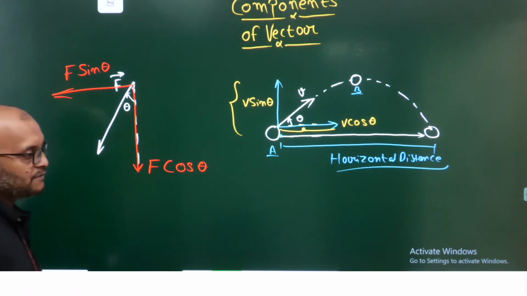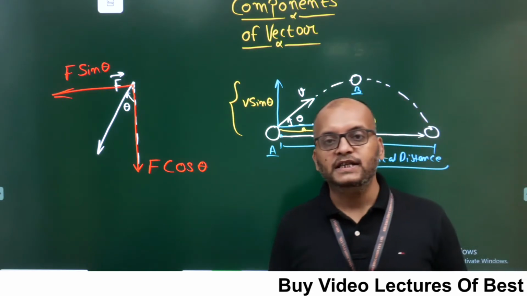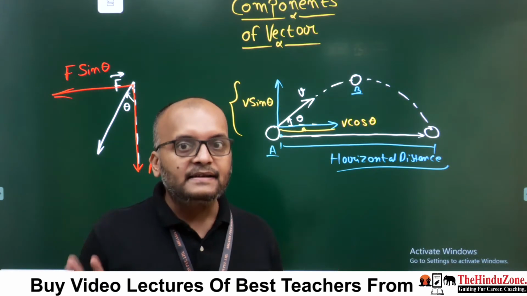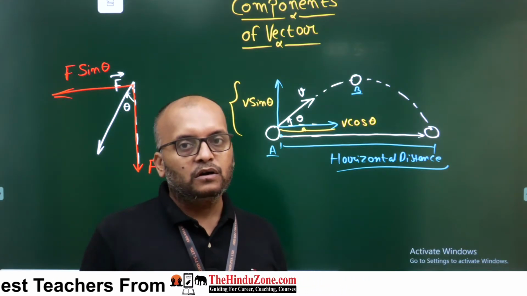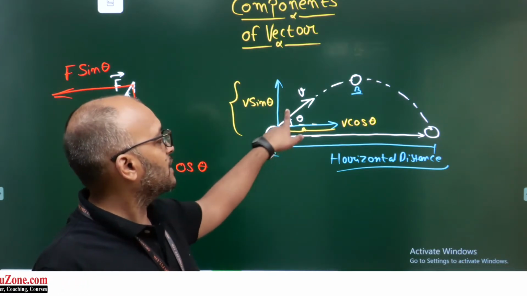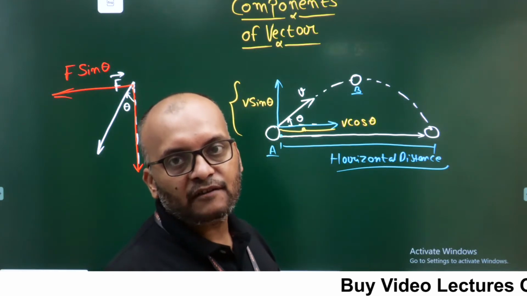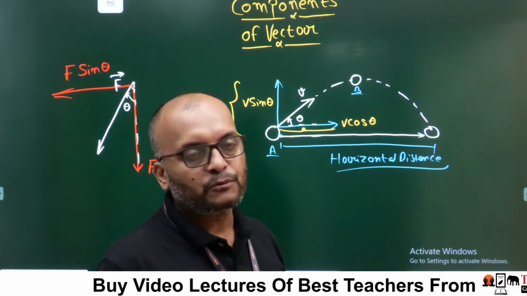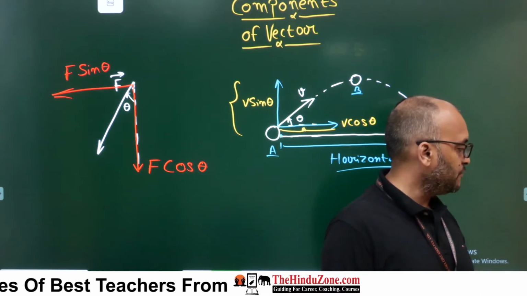So this is F sine theta. Now sine theta is acting in the horizontal direction and cos theta is acting in the vertical direction. So it is not a rule that horizontally you will get cos and vertically you will get sine. No. The rule, and this is not a rule, it is a trick, is that the component closer to the angle will be cos and the component further away from the angle, or perpendicular to the cos component, will be sine. I hope this much is clear to everyone. Everyone, is it clear?